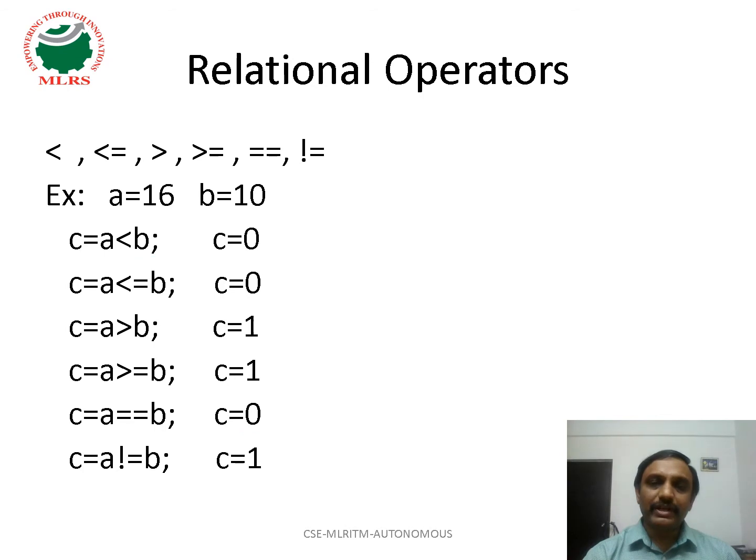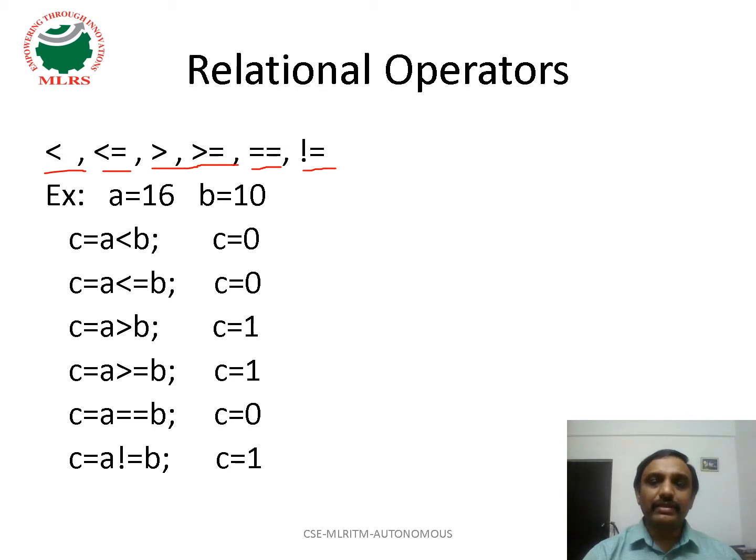Next set of operators are relational operators. Here we have 6 relational operators. One is less than, less than or equal to, greater than, greater than or equal to, is equal to, and not equal to.